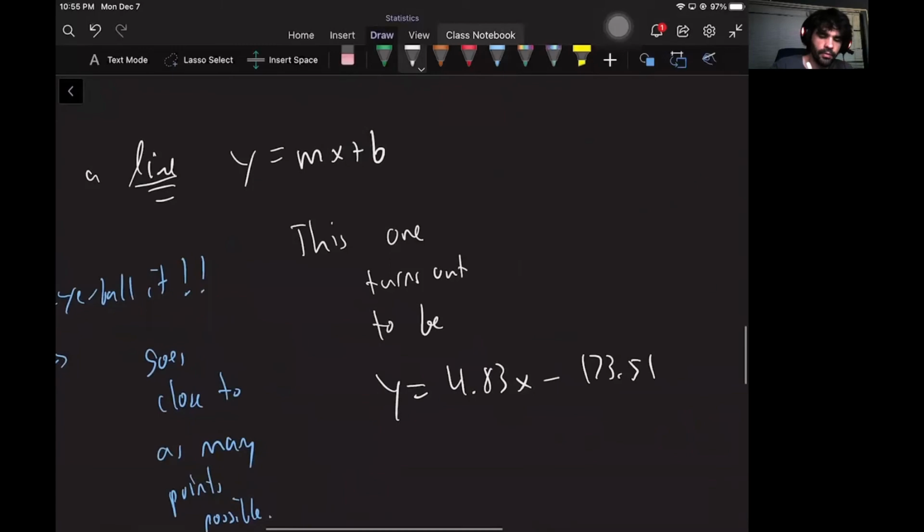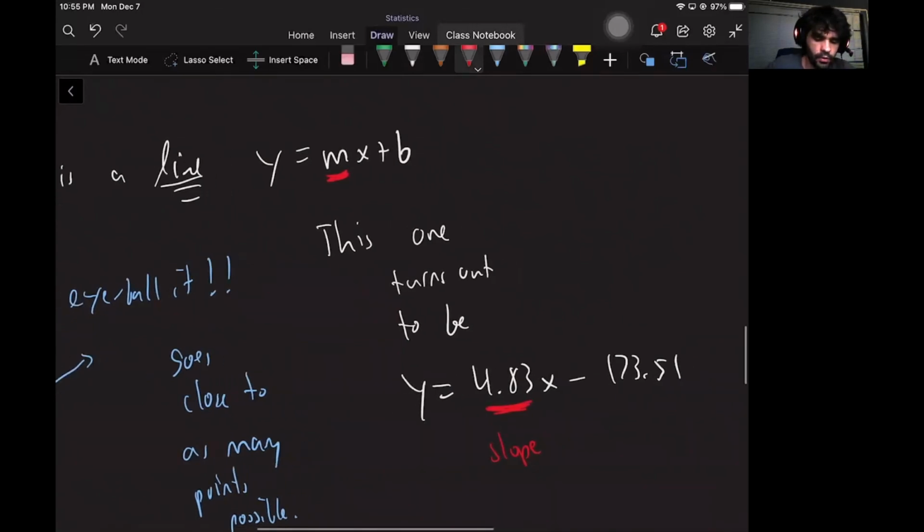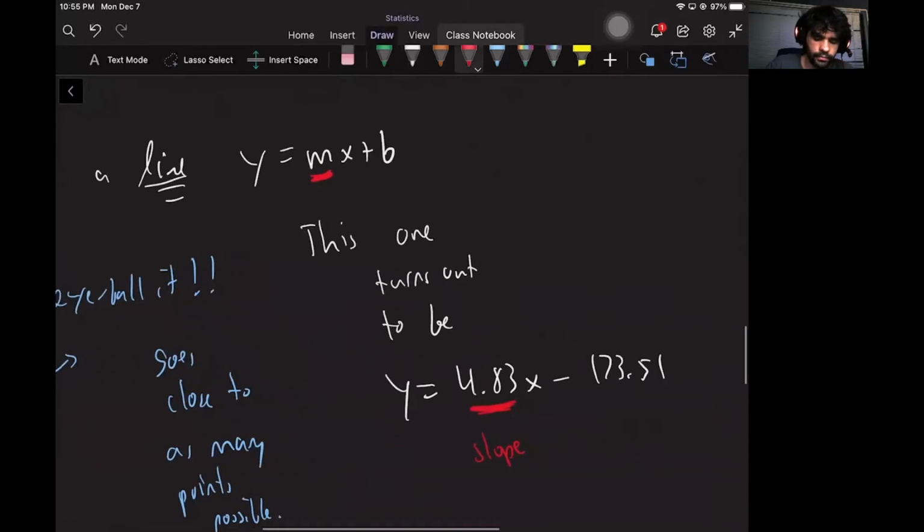Now you got to remember a bit about lines. So remember that this number here is the slope. That's what m is. And that's just saying how far up the graph is going per unit that it goes over to the right.